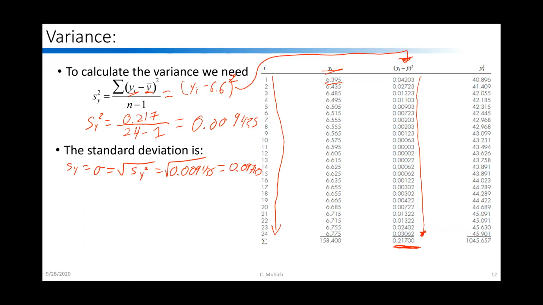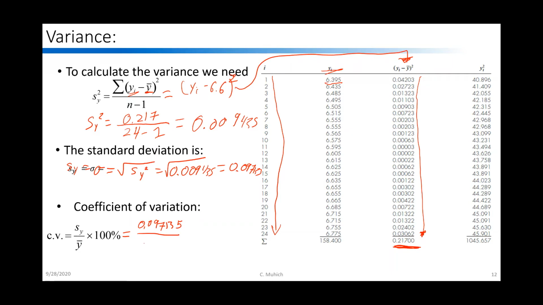And then finally, we can go in and calculate my coefficient of variation, which remember is our standard deviation over the mean times 100. So my standard deviation was 0.097135.